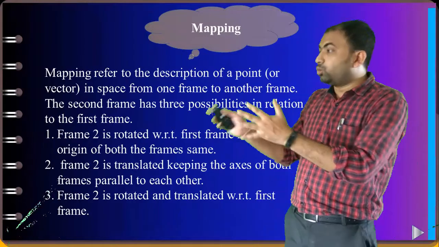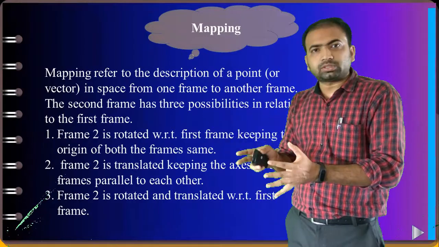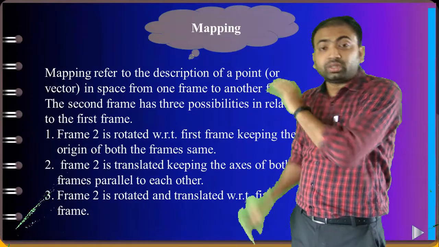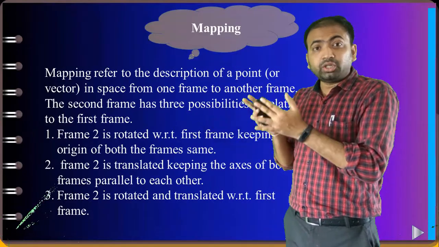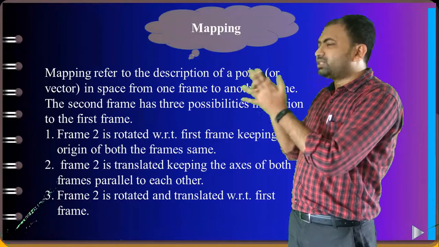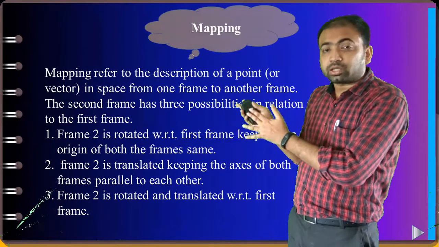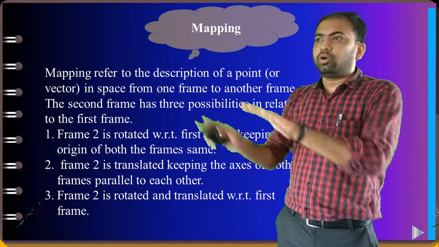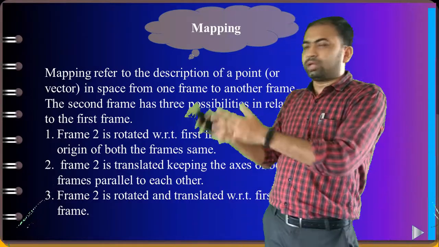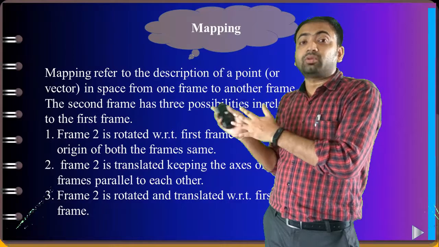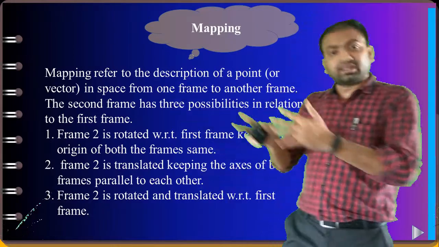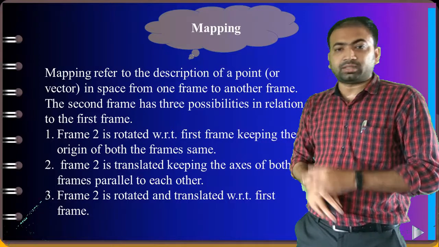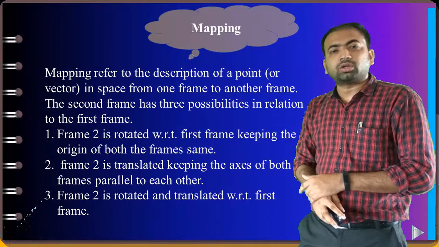Now if you have 2 or 3 or more frames, you know the description of any point or any object with respect to one frame, and you need to know the description of the same point or same object with respect to some other frame. About one frame you know the description, so you have to convert it into other frames, right? That procedure is called mapping.